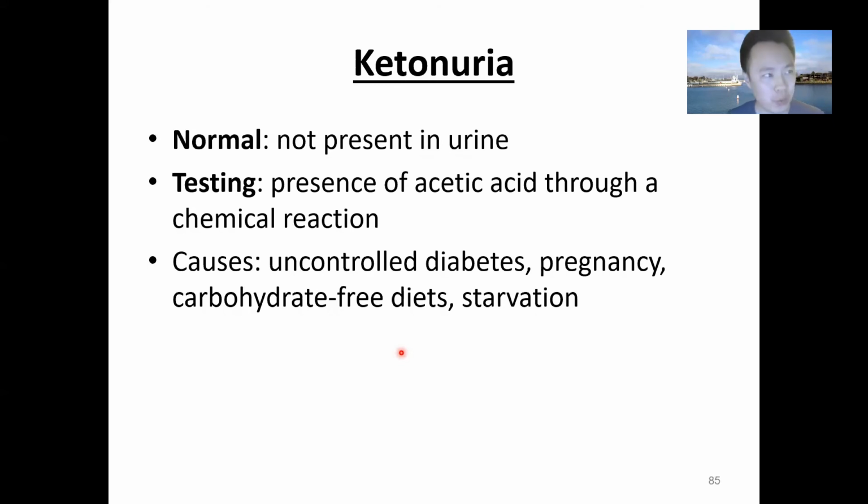Now, ketonuria. This is not normally present in urine. This is when you have ketone bodies. And one of the things you've learned earlier in today's lecture is that ketone bodies form when there are excessive amounts of glucose in the blood, and yet the body is unable to process that glucose into some different form so that it keeps a nice sugar balance in the blood.